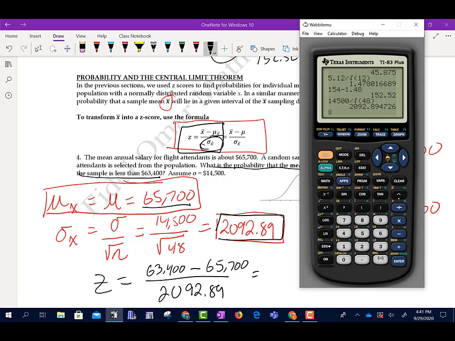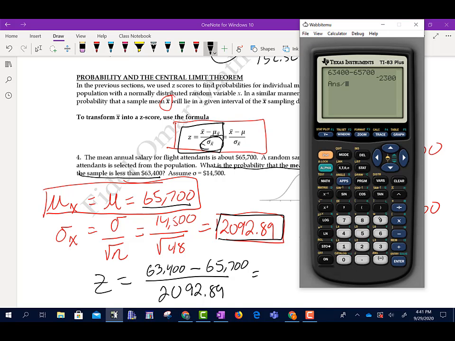Let me do this on my calculator. First, let me clear it out because I got a lot of mess there. 63,400. Oops, that's too many zeros. There we go. Minus 65,700. Equals.